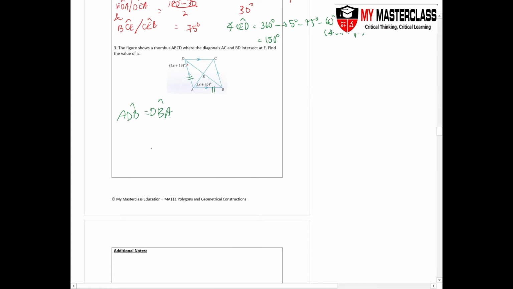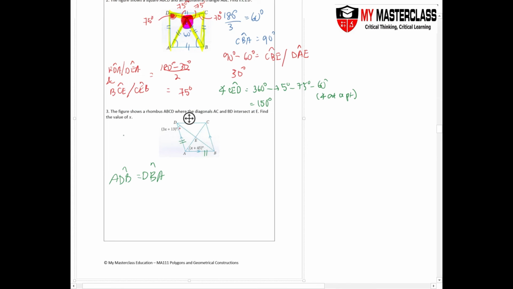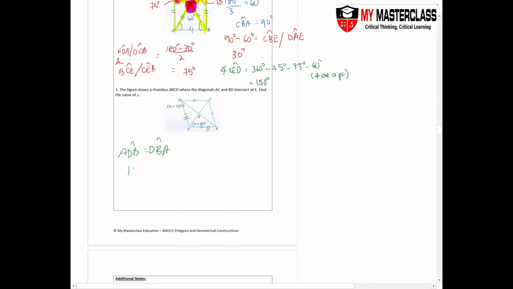You are looking at the sum of angles in a triangle, 180 minus (3x + 13), minus 2 of (x + 45). Can you see? All right, or rather I can change it such that it looks like that. So 2x plus, and then 2x plus 45.